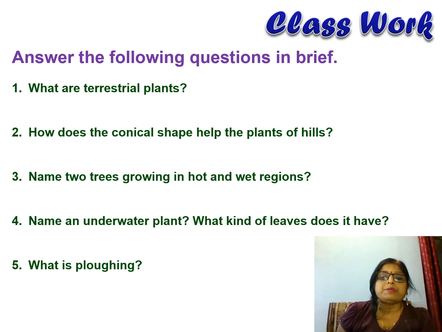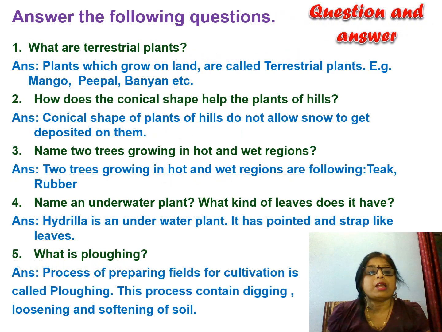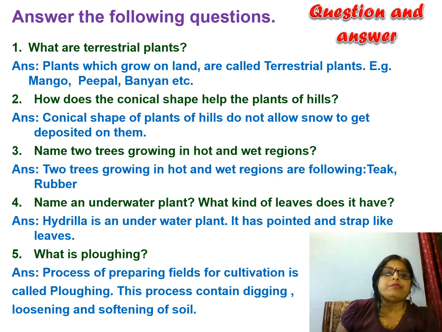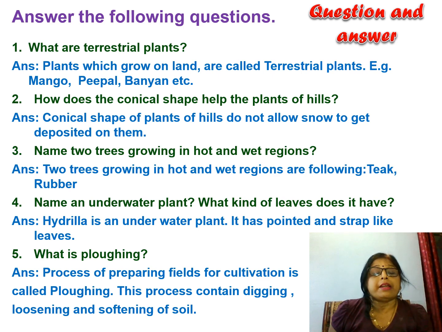What kind of leaves does it have? What is plowing? The answers are given, and I am reading the answers, and all of you will write these answers in your science copy. One thing more you have to keep in your mind: writing should be neat and clean.